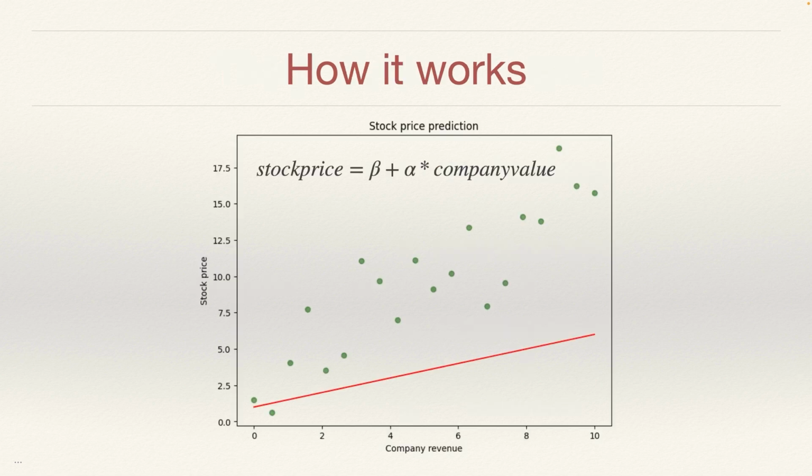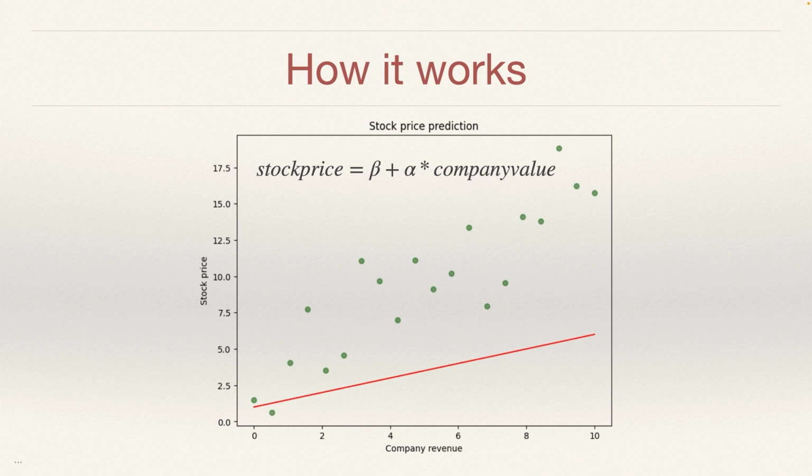And in order to specify that into a mathematical formula, we can say that the stock price is a certain function of company value. Let's say we have stock price on the y-axis and company revenue on the x-axis. And those data points would indicate the stock price and the company revenue.